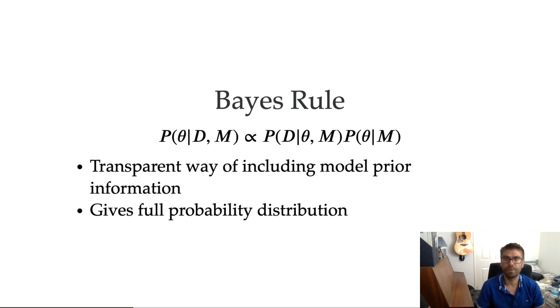Now this output posterior probability distribution is made up of 2 components. A likelihood component, the probability of the data given our parameters theta and our model m, which is where we compare estimates from our model with certain parameter values to the data.